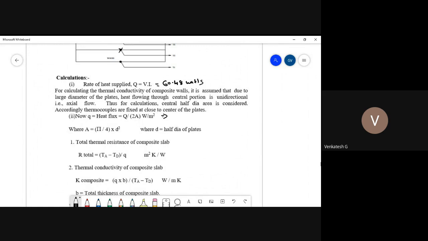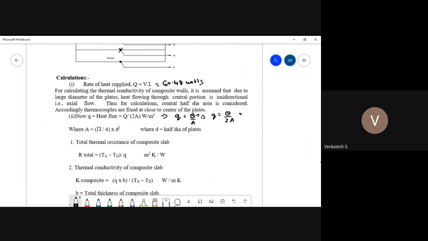So the heat flux is Q by 2A. We divide this Q into two parts, supplying it to two plates, the mild steel above and the mild steel below. That's why we get Q by 2 and area. If you calculate this, Q is known to us as 60.48 and the area is pi by 4 d squared.